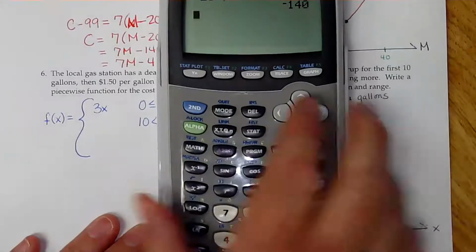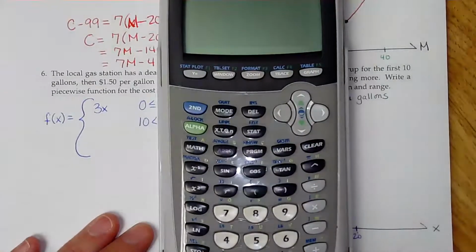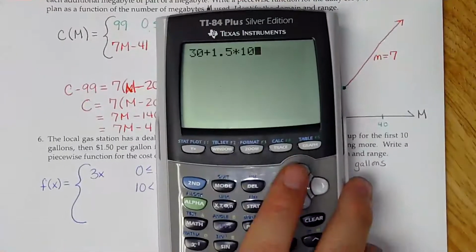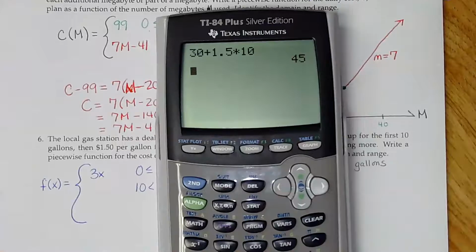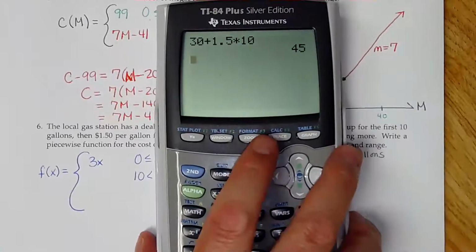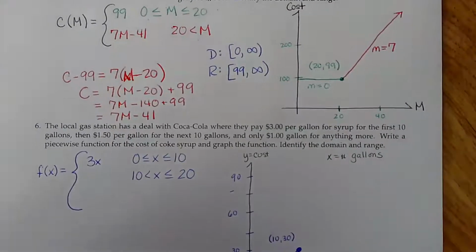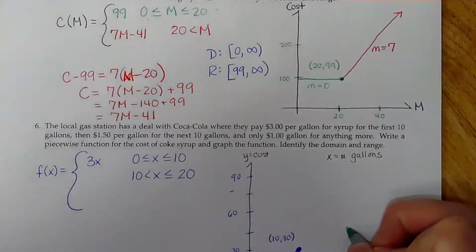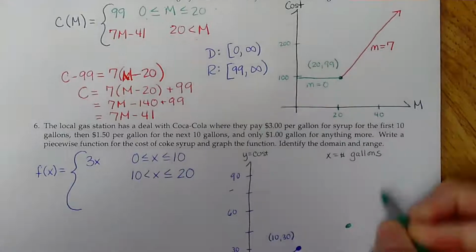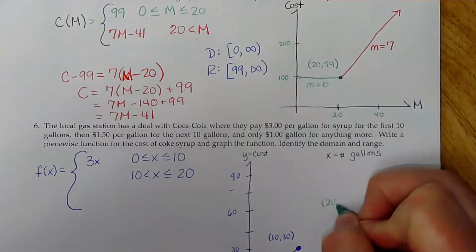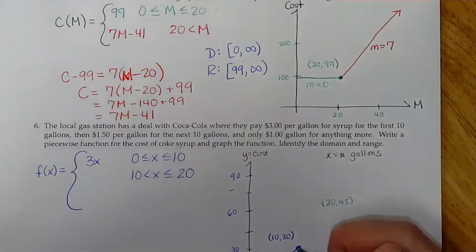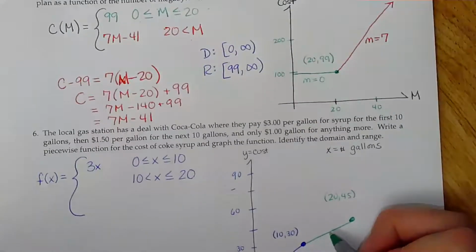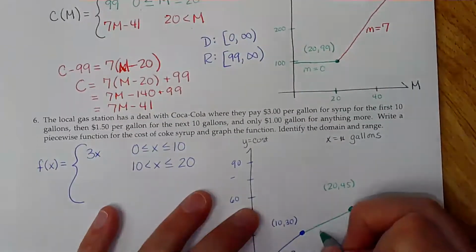So I have the 30 that I already have, plus 1.5 times the extra 10 gallons. That tells me $45 is what I'm going to owe if I buy 20 gallons of this. So here's my 45. The point is (20, 45). We'll connect those two, and this has a slope of 1.5.